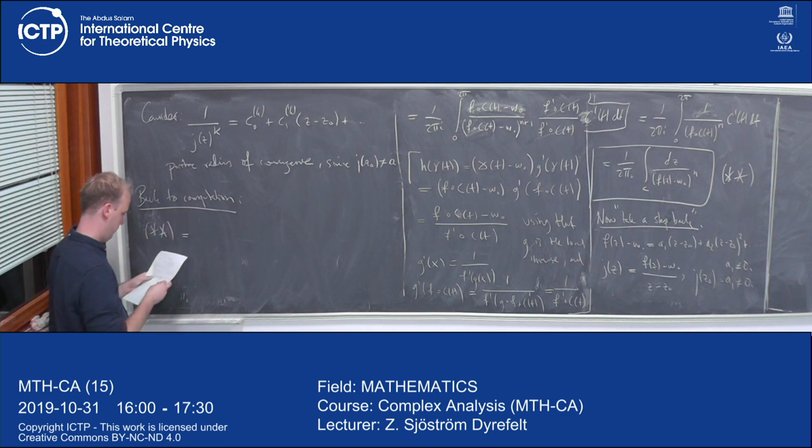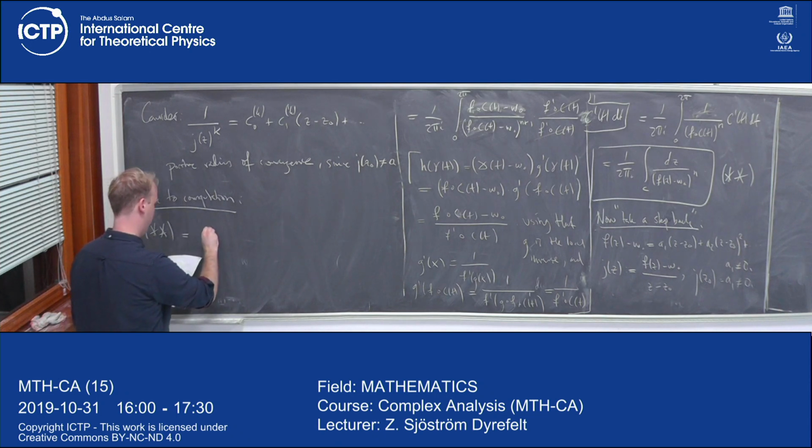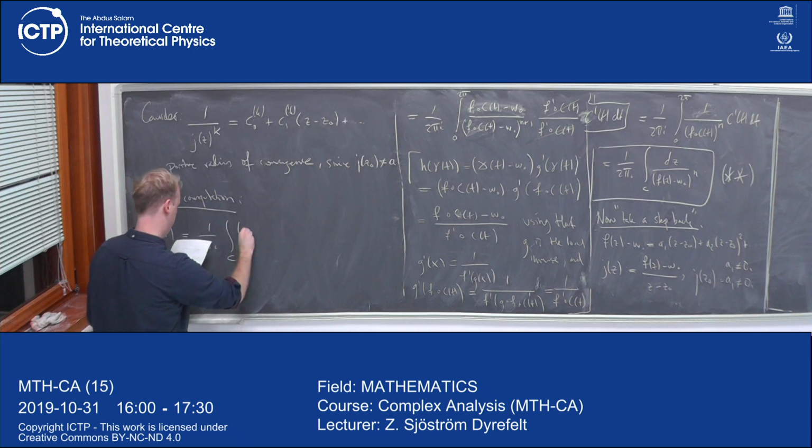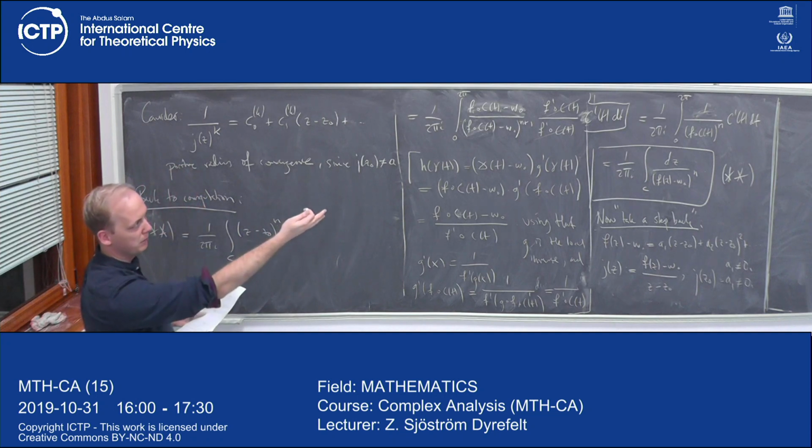So this star is equal to 1 over 2 pi i, the integral over C of z minus z0 to the n. So we were computing Bn, right?